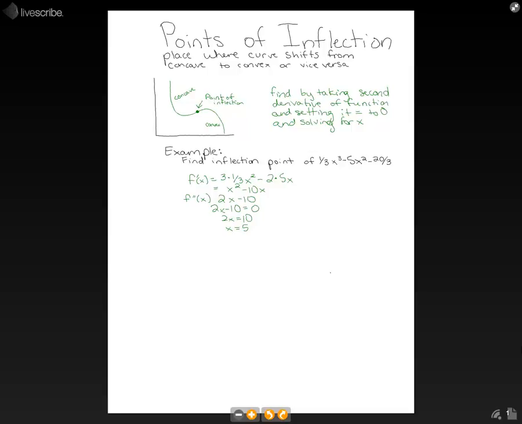So now what we need to do is, this is our x-coordinate of our point of inflection, but we don't have our y. In order to get the y, you just substitute it back in.